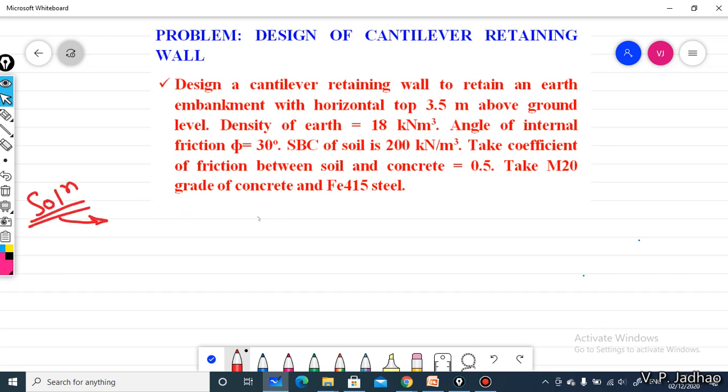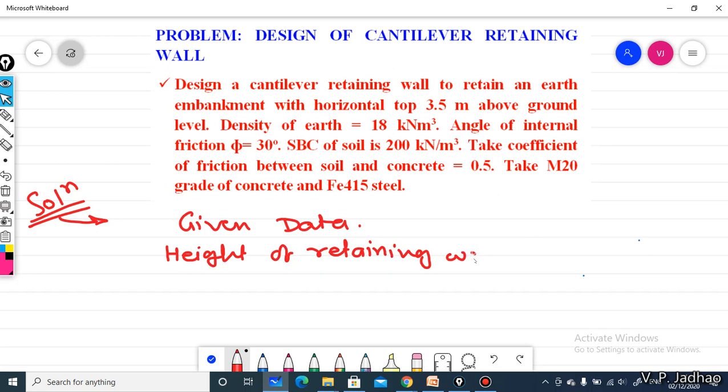We'll write down the given data first. The total height of retaining wall above GL is given as 3.5 meter.